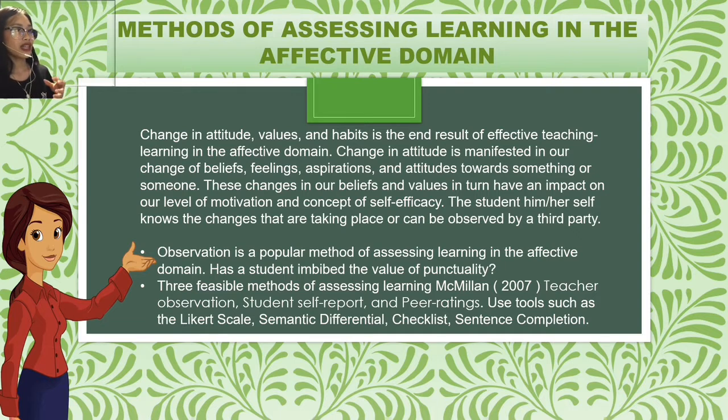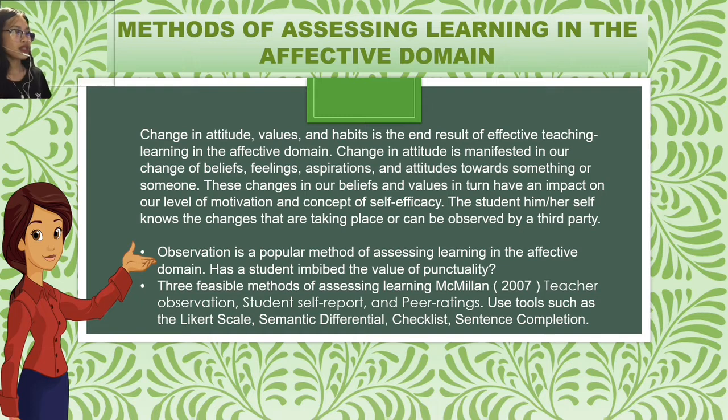Another way is to observe if he or she submits subject requirements on time or comes to appointments on time. There are three feasible methods of assessing learning, according to Macmillan, 2007. First is teacher observation. The two others are student self-report and peer ratings.